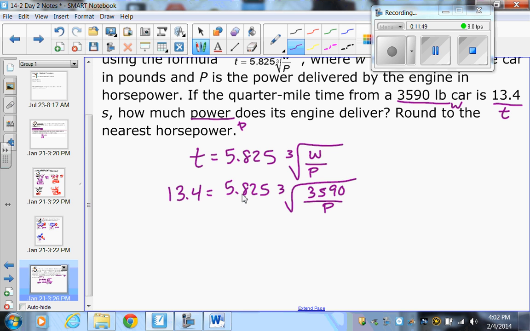The opposite of multiplication here is division. So I'm going to divide both sides by 5.825. And don't round too short here. I rounded to 4 decimal places. So that gives me 2.3004.